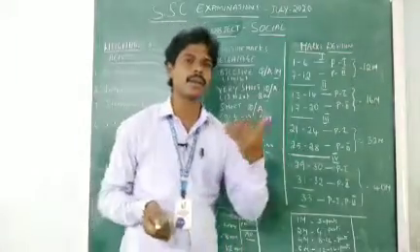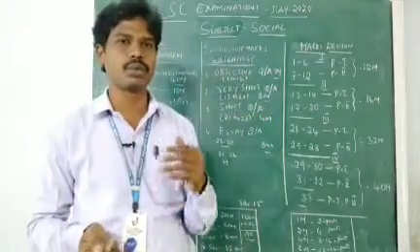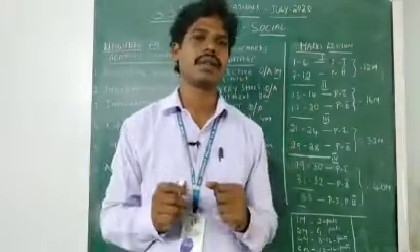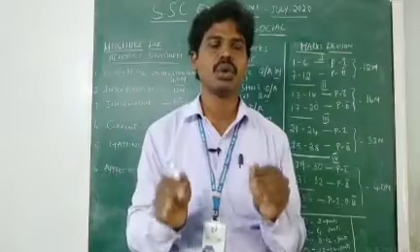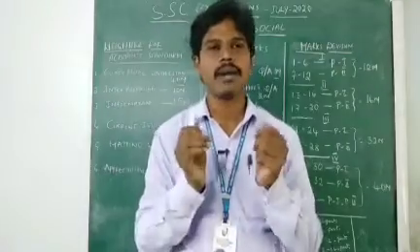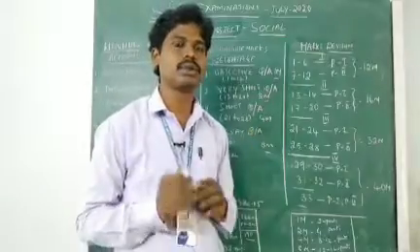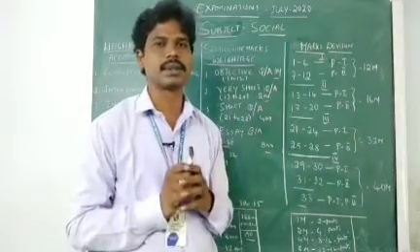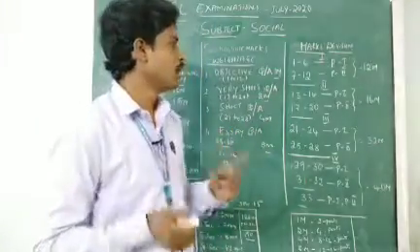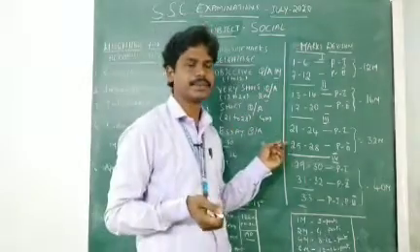So in this way, 4 from paper 1 and 4 from paper 2 are covered in section 2, with 2 marks each. Is it clear? Come to section 3.